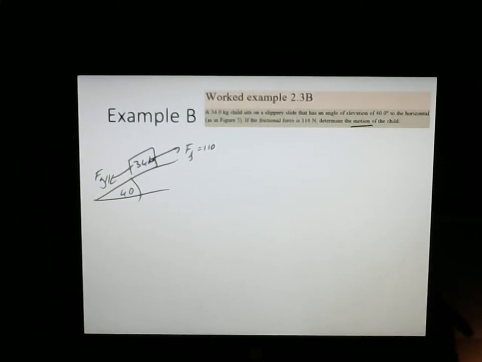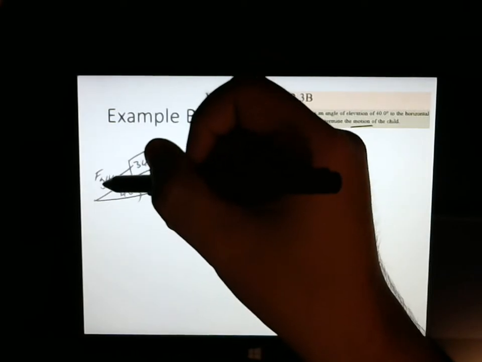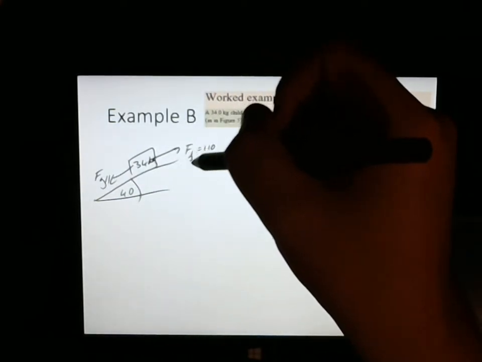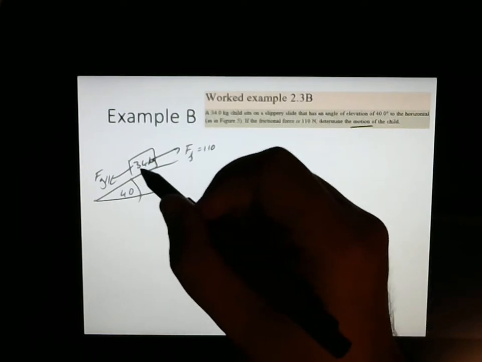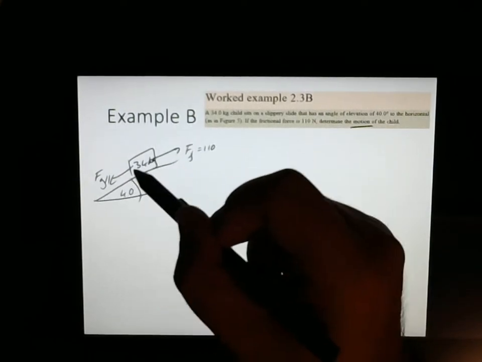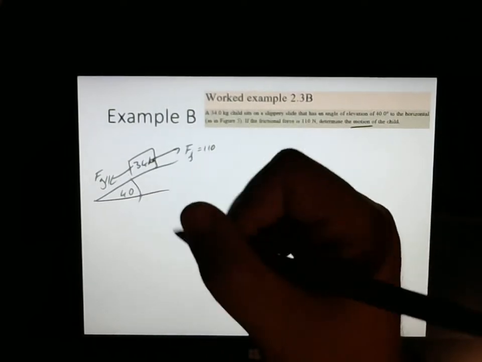So we need to know the motion. We want the acceleration, and to get the acceleration, we need the net force. To get the net force, we're going to have to add some forces together here. So we're going to need this, and then we can add it to this. The reason I know that friction is acting up that way is because something's going to be pulling it down. That's the only thing that's acting on it, and so therefore friction will act in the opposite direction.